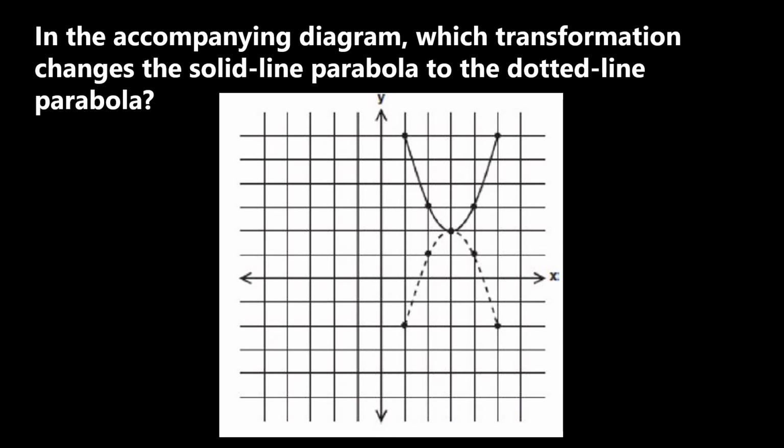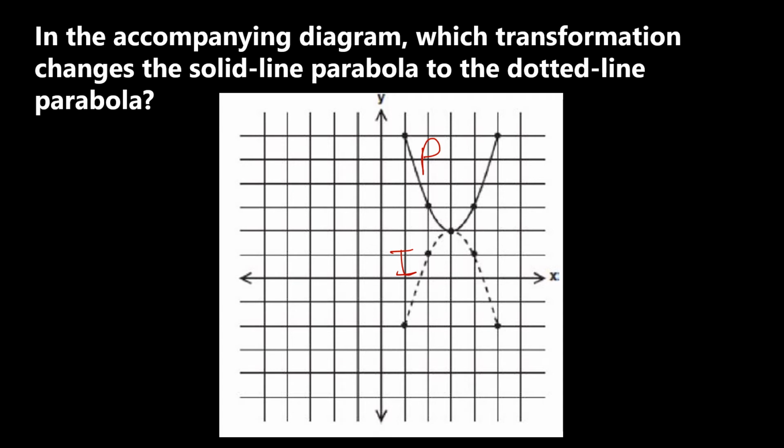In the accompanying diagram, which transformation changes the solid line parabola to the dotted line parabola? Well, looking at this figure, the first one would be considered what we would call our pre-image. And then the second figure that we would have here would be our image. Now, looking at the pre-image to the image, I see that there are possibly 2 ways that I can transform the pre-image to the image, or map the pre-image onto the image.